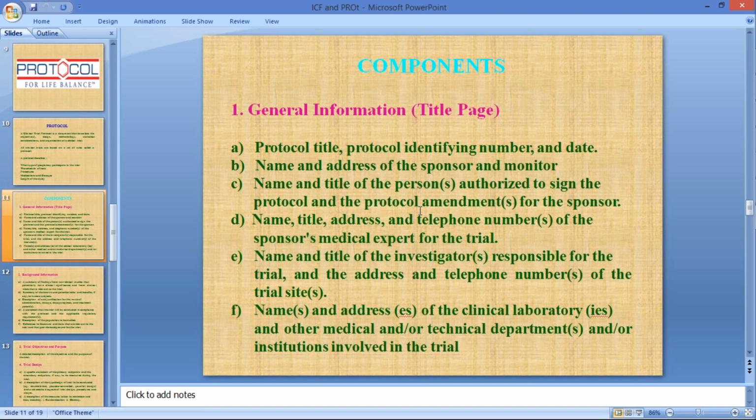Name and title of the investigator, and address and telephone number of all the participating clinical sites. It's all about the address and contact details of the teams. And other departments: clinical labs, central labs, local labs, other departments like medical and technical departments, institutions involved in this.